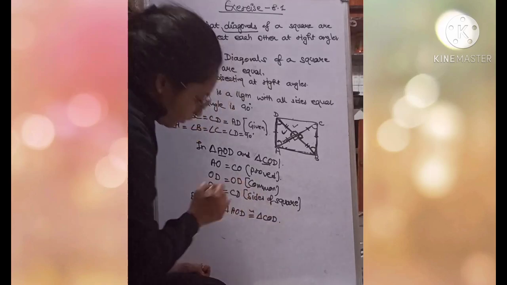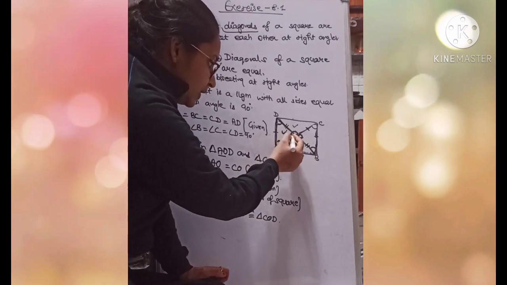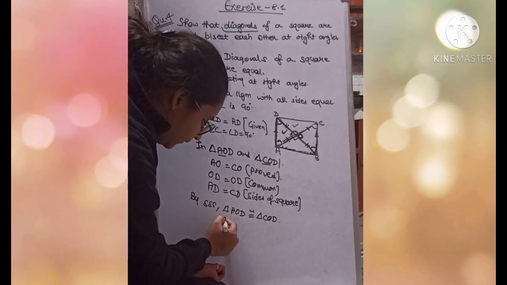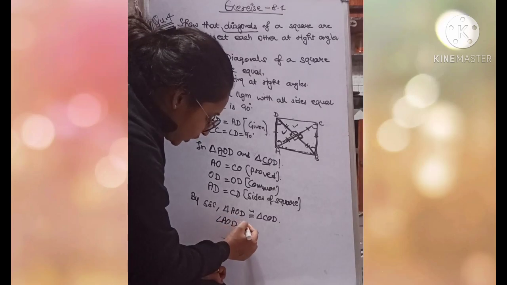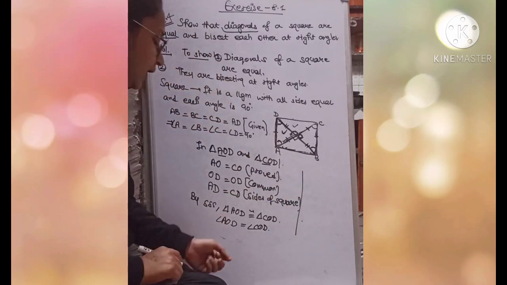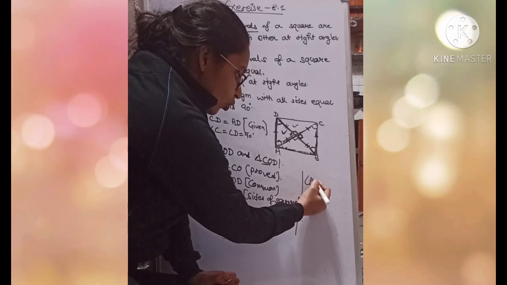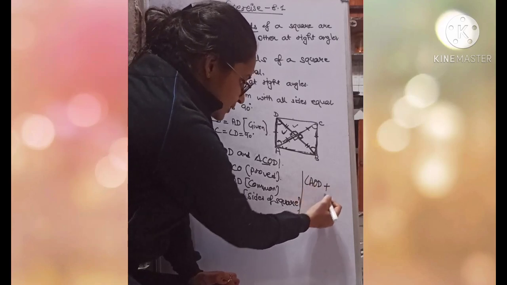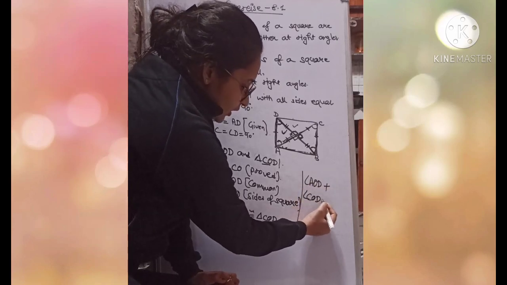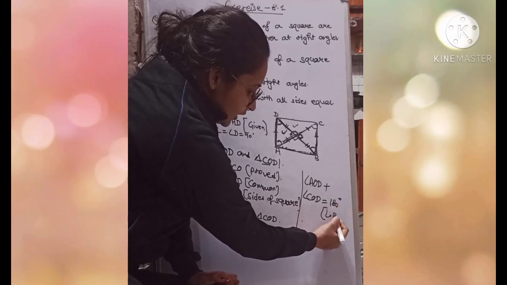And if these two triangles are congruent, it means their corresponding parts will be equal. It means angle AOD will be equal to angle COD. After this step, what will you write? These two angles are equal, but angle AOD plus angle COD is equal to 180 degrees, and the reason will be linear pair.